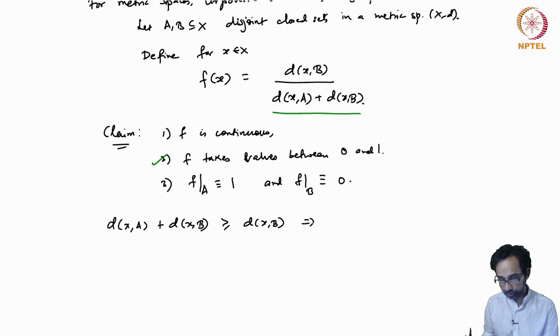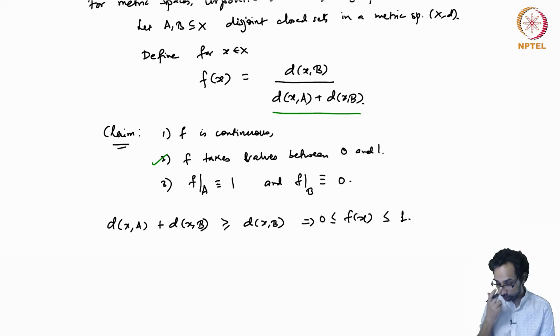So this means that the function f is less than or equal to 1. So this is clear. On the other hand, f(x) is of course greater than or equal to 0, because we have only positive values, right? So we just have to show that it is well defined, in fact.